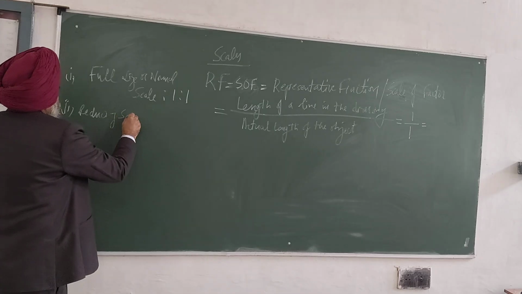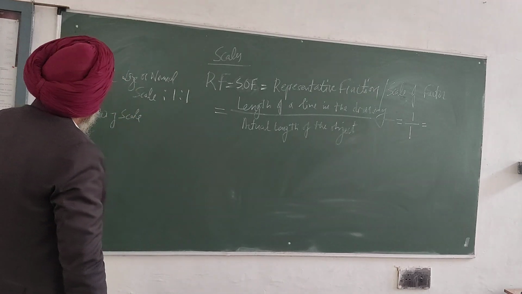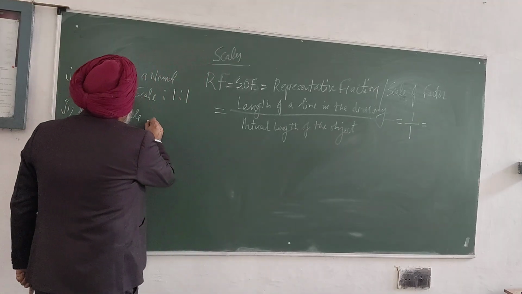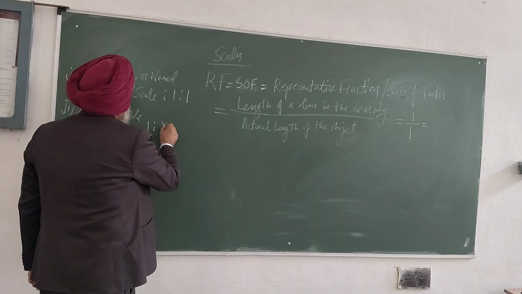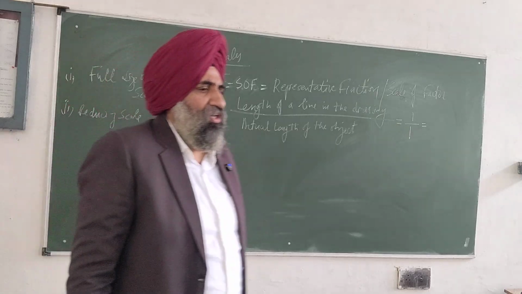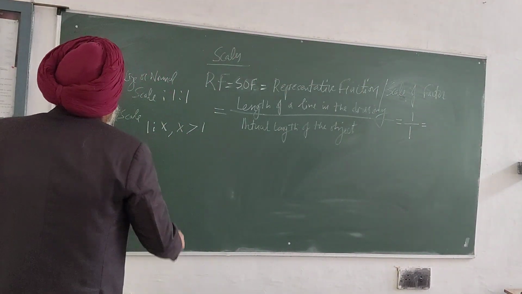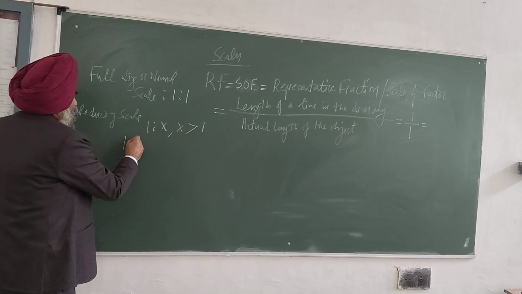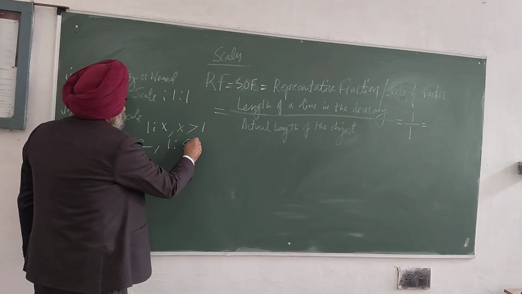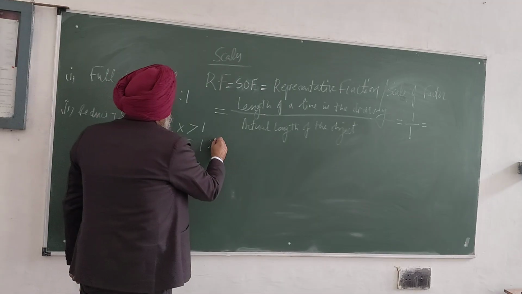The second is the reducing scale. Reducing scale means you are reducing it. If your actual length is more, I put it like this, 1:x, where x is greater than 1. It could be any value greater than 1, like 1:2, 1:5 or 1:200.